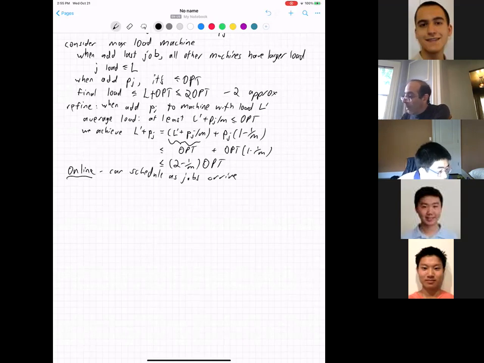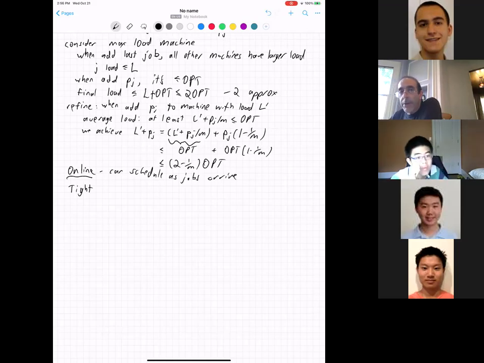Okay. Another thing I'll mention is that this is tight. This 2 minus 1 over m result. That's another reason it's interesting versus 2. So can anybody think about how I would mess with this algorithm? Get it to do something that's really wrong?